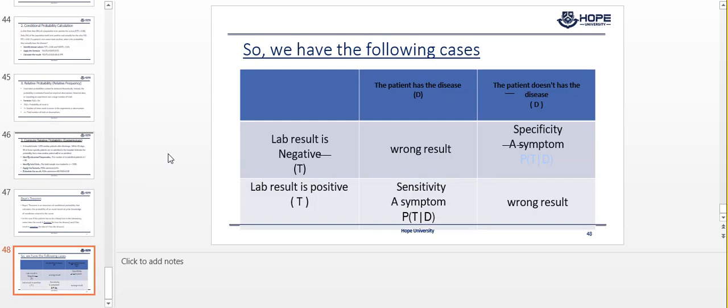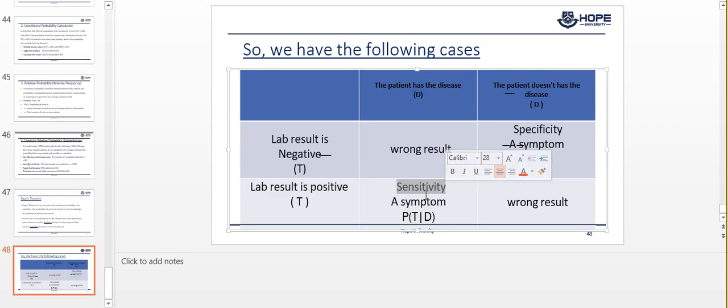Look at this table. In the following case, the patient has the disease, which means a positive case, or the patient doesn't have the disease. Patients with a positive test who have the disease are called sensitivity, as we explained in the last session.